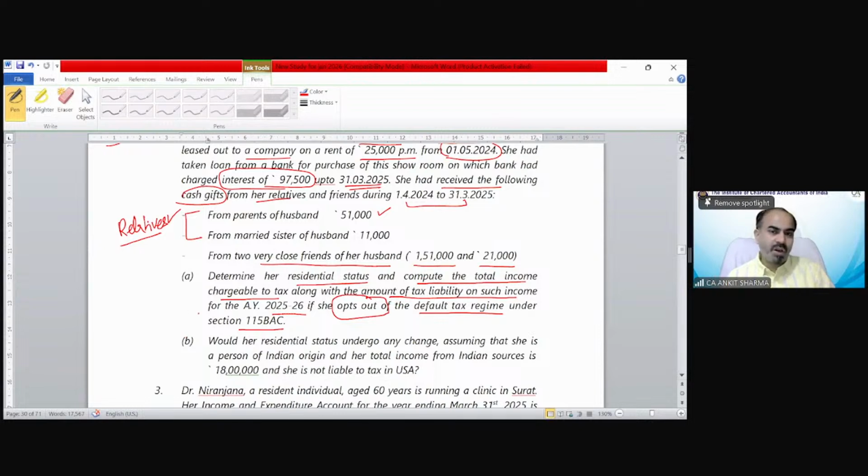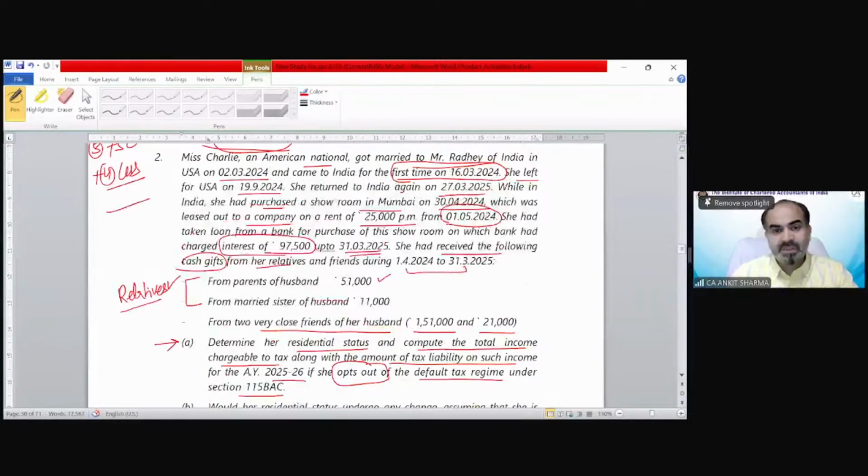So first of all, we will solve this part. Part B is saying, would her residential status undergo any change, assuming that she is a person of Indian origin and her total income from Indian source is 18 lakh rupees and she is not liable to tax in USA. So first of all, we will solve this point A.